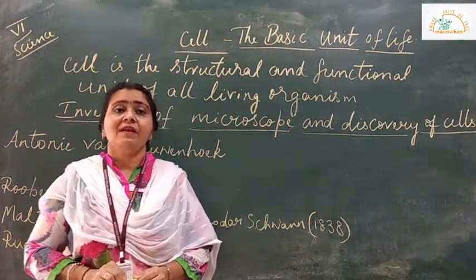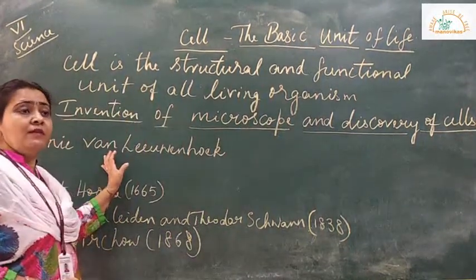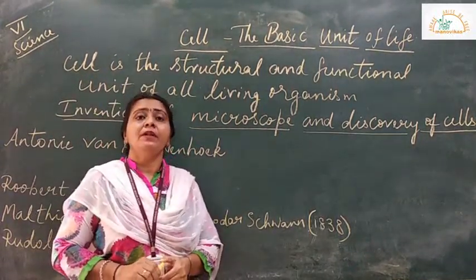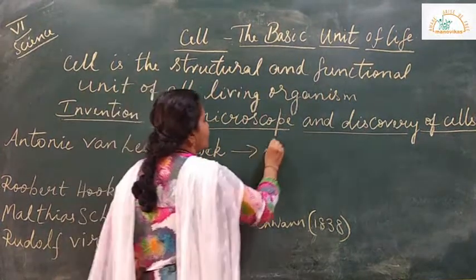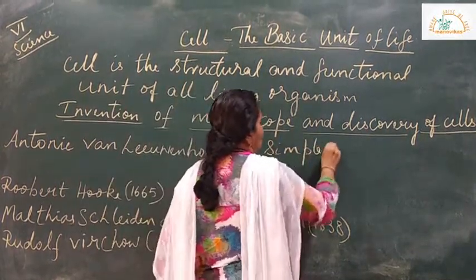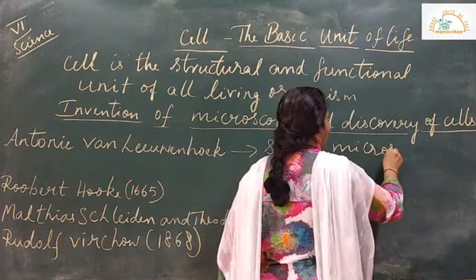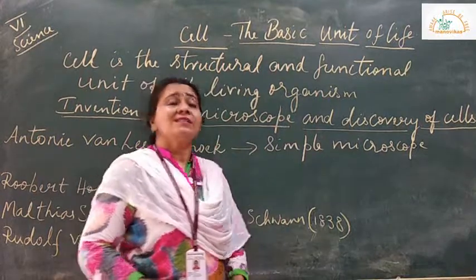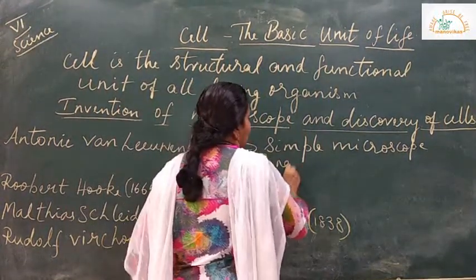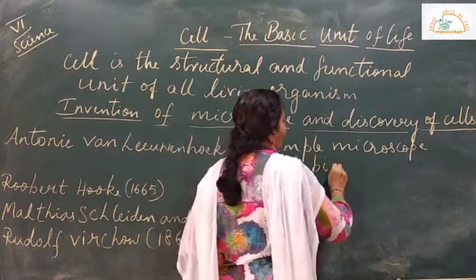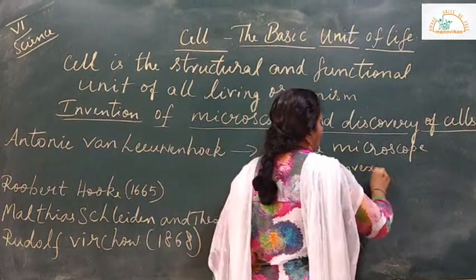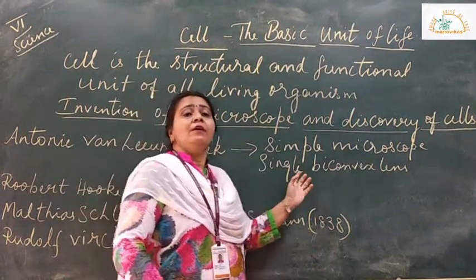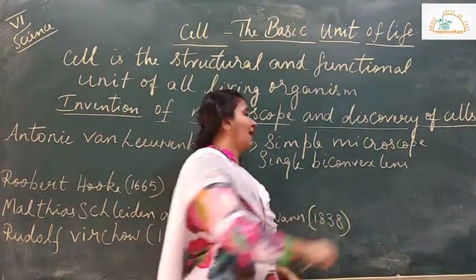Anton van Leeuwenhoek developed a simple microscope with a single biconvex lens. That is the microscope that is made up of a single biconvex lens.